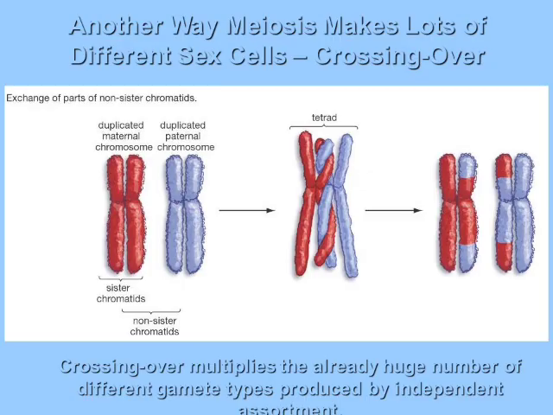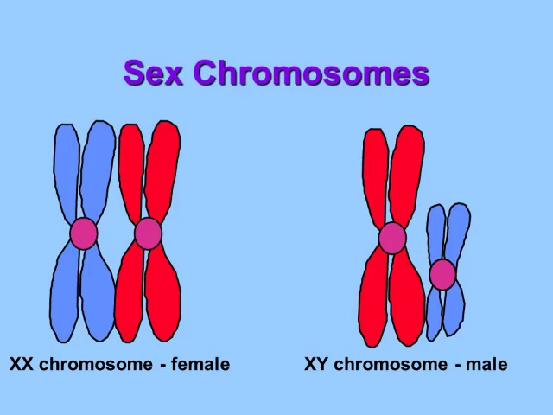Another way meiosis makes a lot of different sex cells is crossing over. Crossing over multiplies the already huge number of different gamete types produced by independent assortment. This shows the sex chromosomes, XX chromosomes for female and XY chromosomes for male.